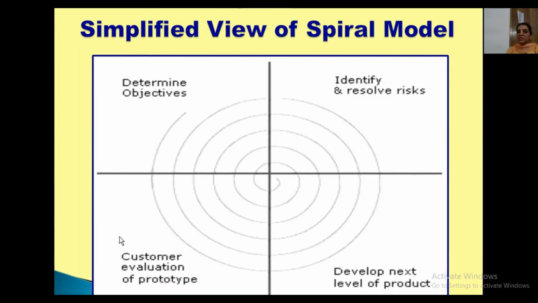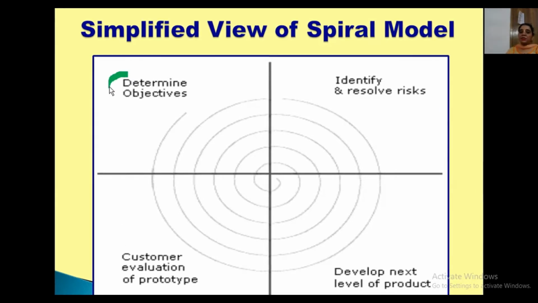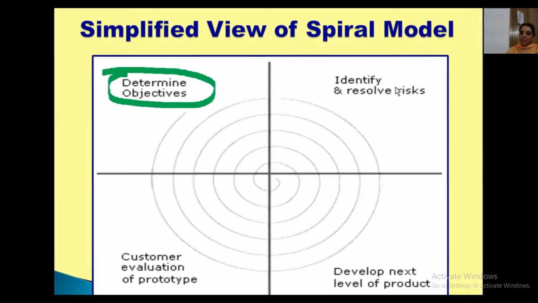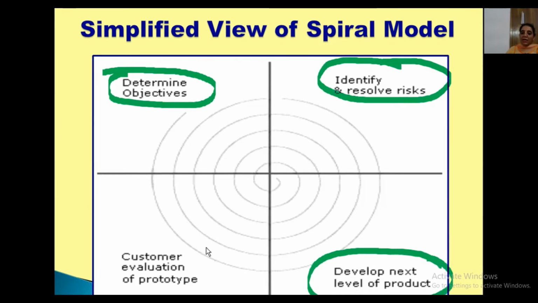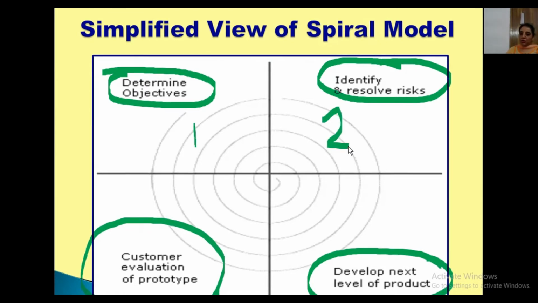Now, this is a simplified view of your spiral model. Your first job here is to determine the objectives. Now, identify and resolve the risks. This was step 2. Step 3, develop the next level of product and customer evaluation of the prototype. This was number 4. This is 1, 2, 3 and 4.